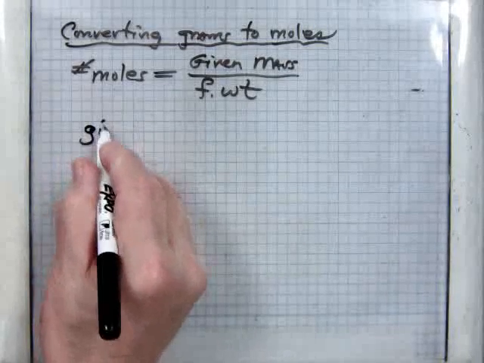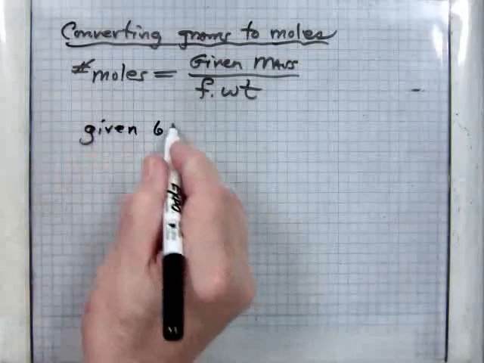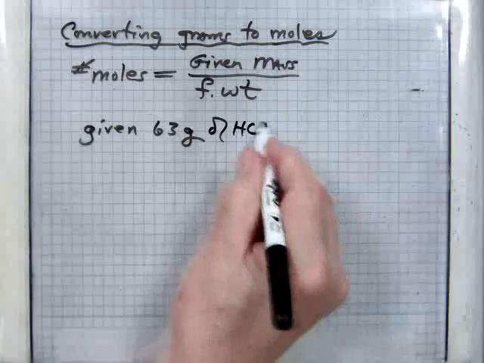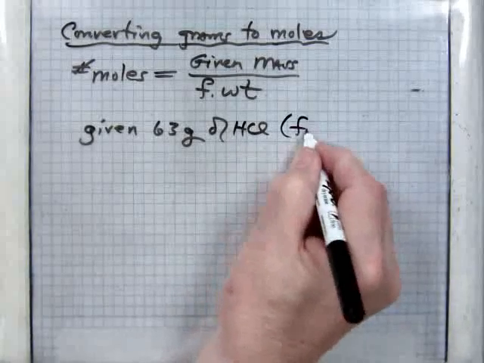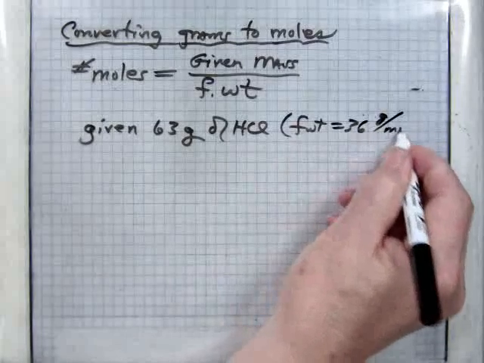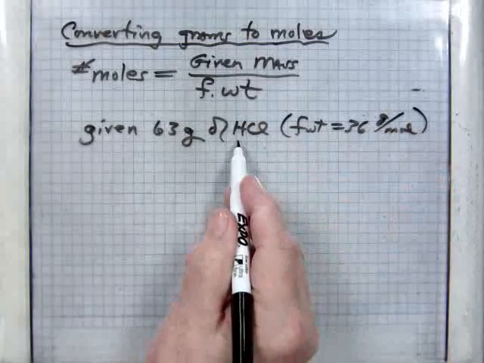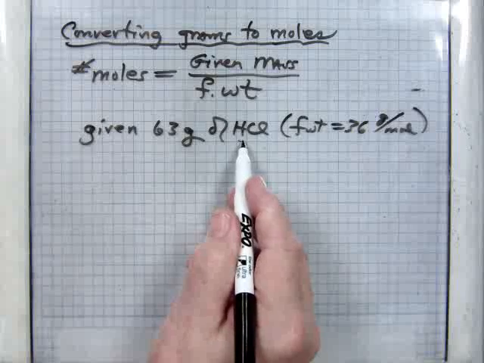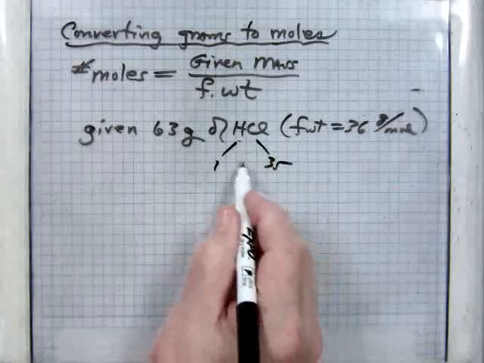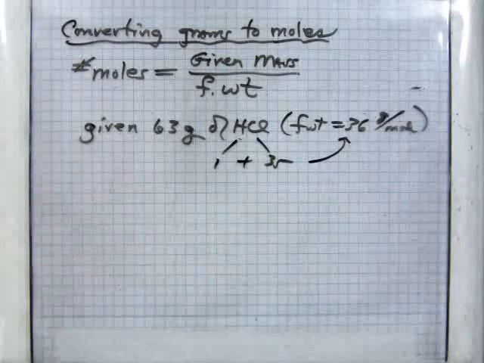Given 63 grams of HCl that has a formula weight equal to 36 grams per mole. That's 35 and 1. Yes? Everybody get that? 35 times 1, you're 36.